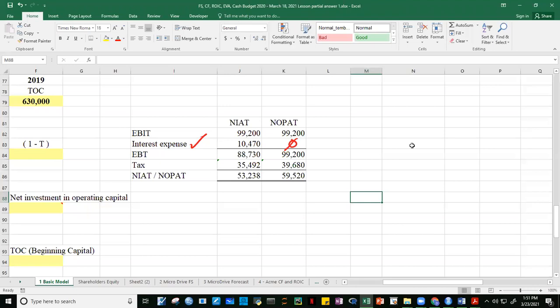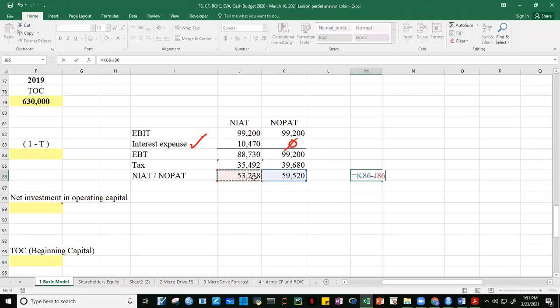Which is higher, guys? NIAT or NOPAT? Sir, NOPAT will be higher. Assuming there's interest. Because if there is no interest, NIAT and NOPAT are the same. But in the presence of interest expense, NOPAT will always be greater than your NIAT. What is the difference, guys?